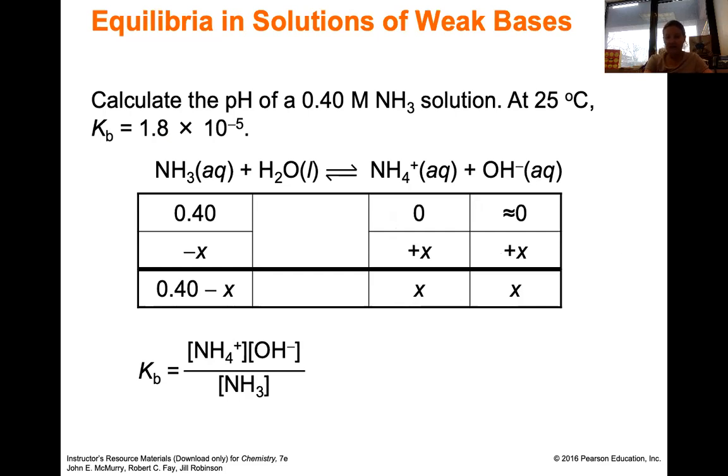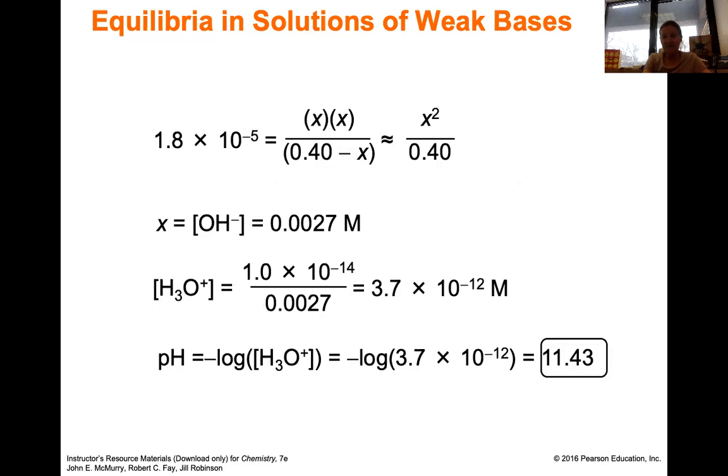When you put that into the Kb expression and solve for X, now X is OH minus, so you have to have one more step. You have to take the Kw and divide it by the OH minus in order to get the H3O+. And then once you have that, you just take the pH just like you've been doing in the past, and you'll have 2 sig figs to the right of the decimal.